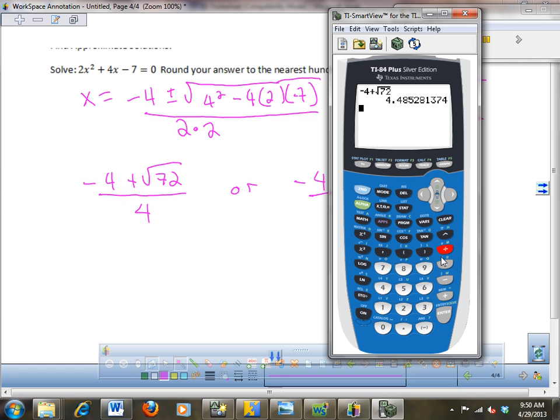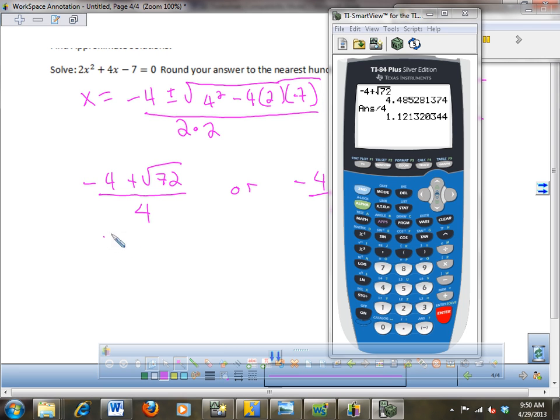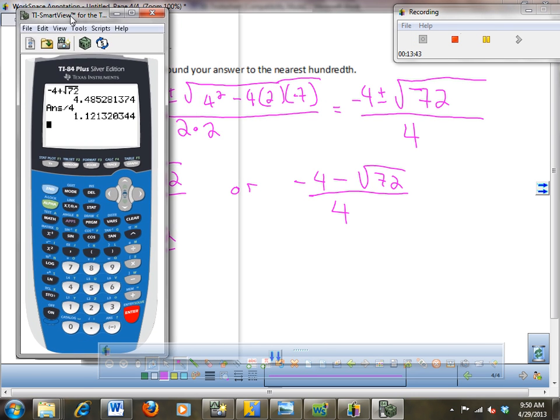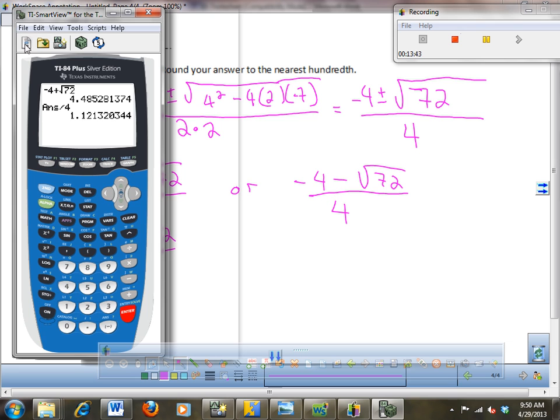And then I'm going to divide that answer by 4. Okay? And so this gives me x equals 1.12 rounded to the nearest hundredth. Okay? There's one answer. And then for the other answer, I can kind of cheat.